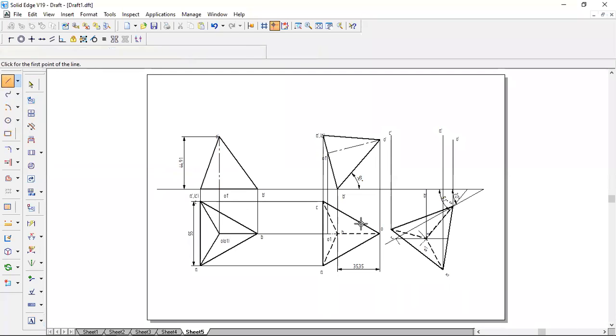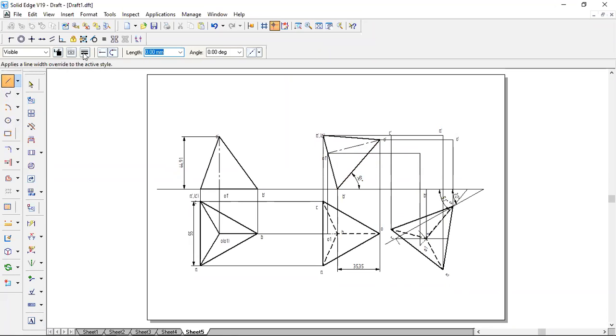From O1 draw the projection, and from O1 dash also you can draw the vertical projection. So this is C and A projection, and this is O dash projection and O projection, both intersect at this point.